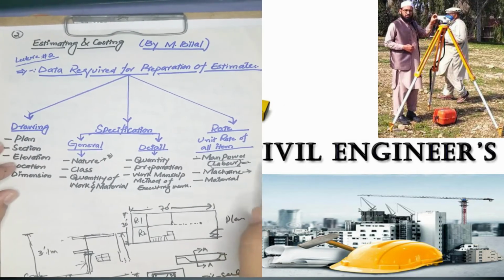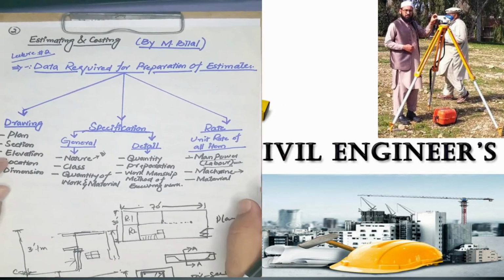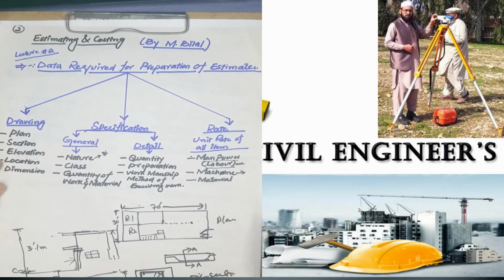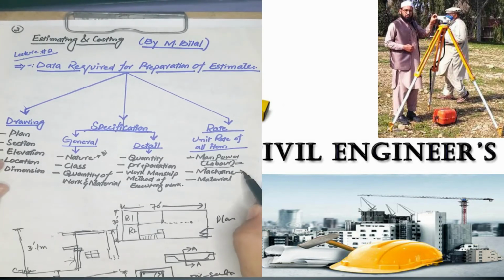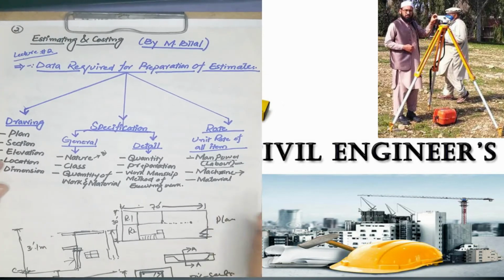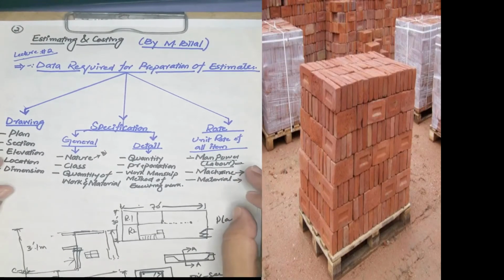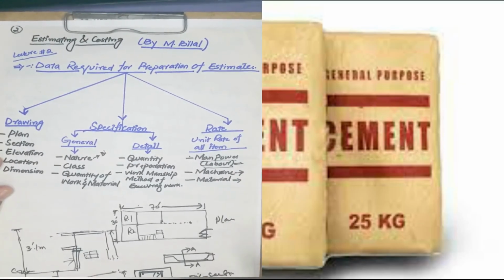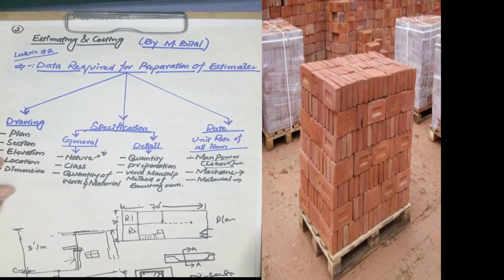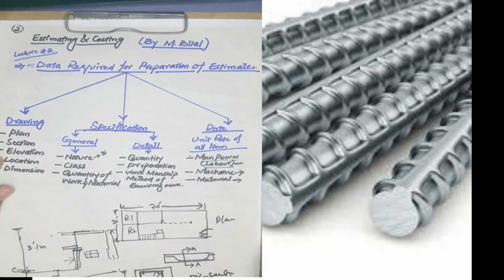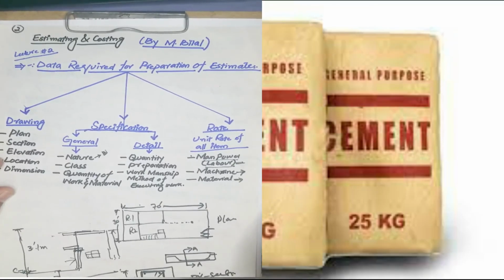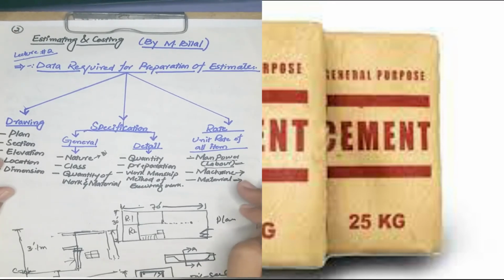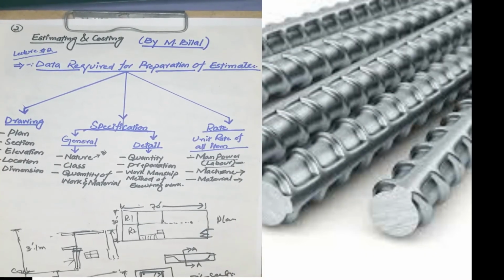Then machines like excavator, dozer, vibrating machine, and generator. The per day cost or per hour cost will be required for preparation of an estimate. The third one is material. The rate of material is very important: crush, fine aggregate, coarse aggregate, bricks, steel, sand, cement, and other structural material like wood, paint, etc.